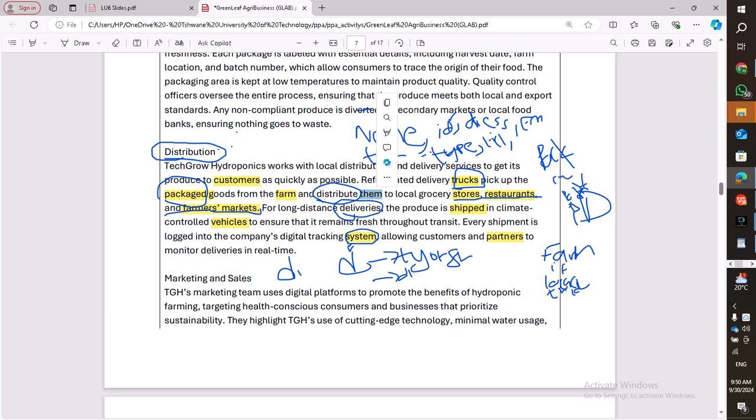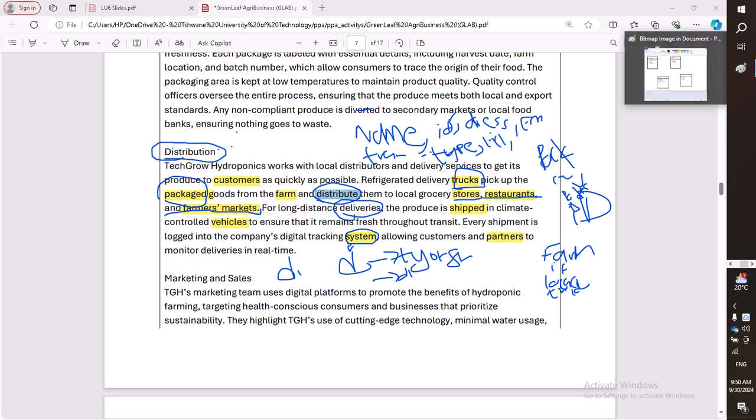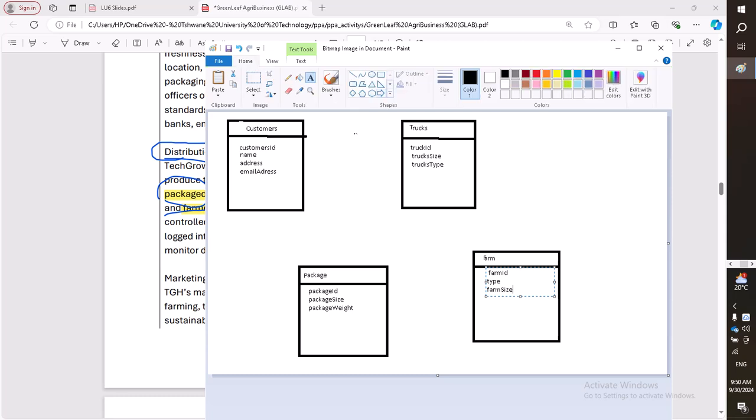I only see two distributions, so I will say Distributions, not distributes. Alright, I'll put Distributions here.